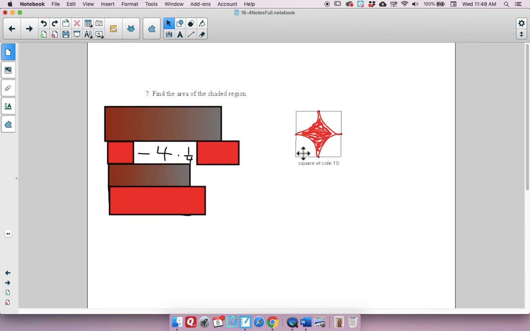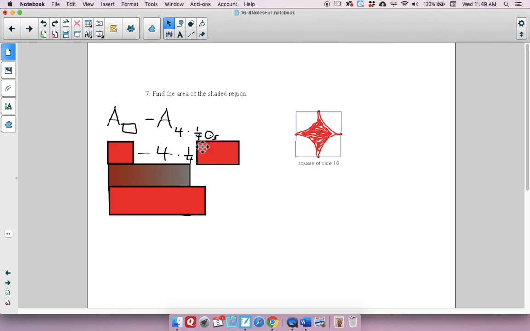Now I don't know if this is clear to you or not, but basically these are quarter circles here. So this is a quarter of a circle and 4 quarters there. So what would be your formula that you could set up? Area of the square minus the area of the 4 quarter circles.